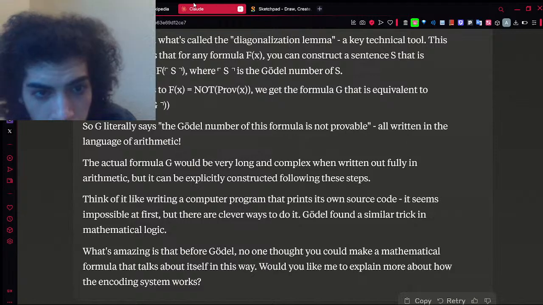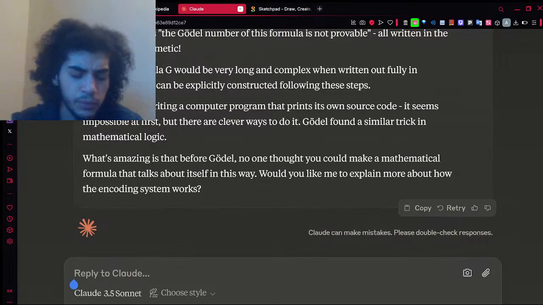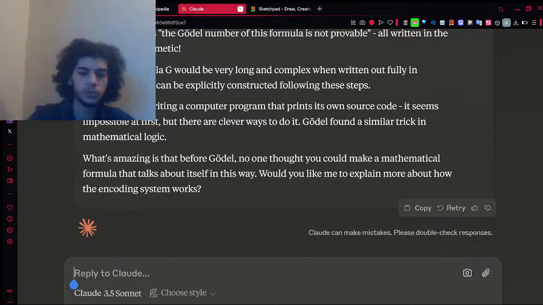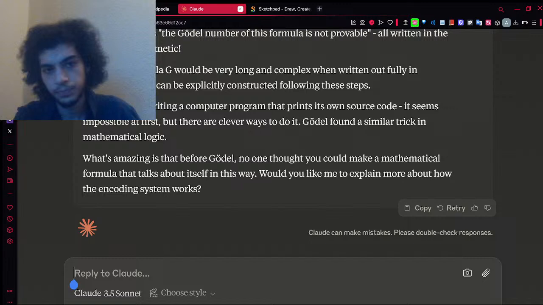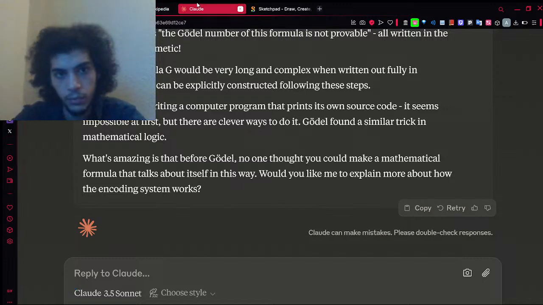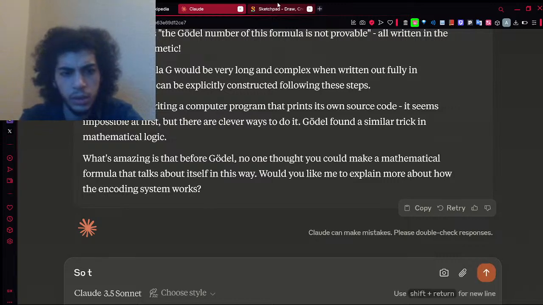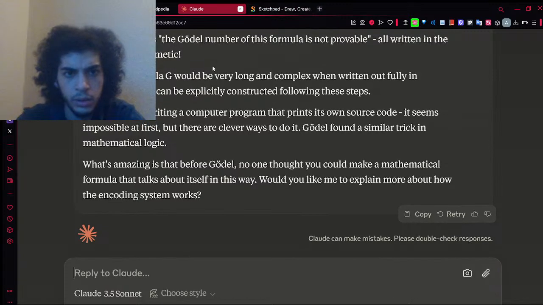Okay, so I guess the next question I want to ask is about the Gödel number. Actually, let me just copy this symbol right here.